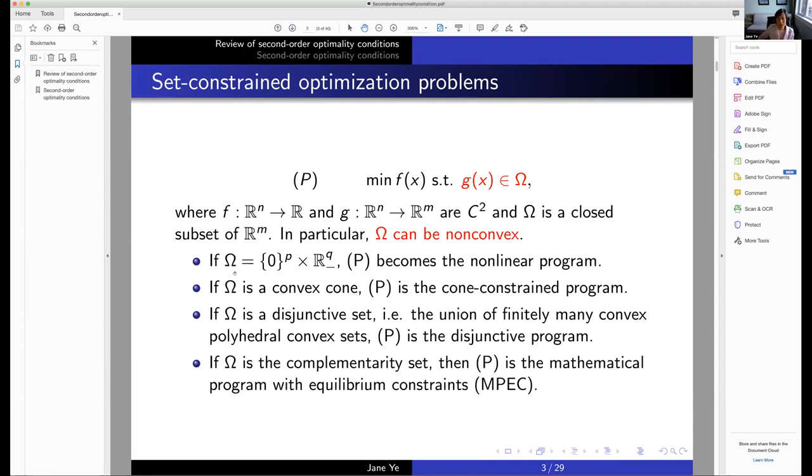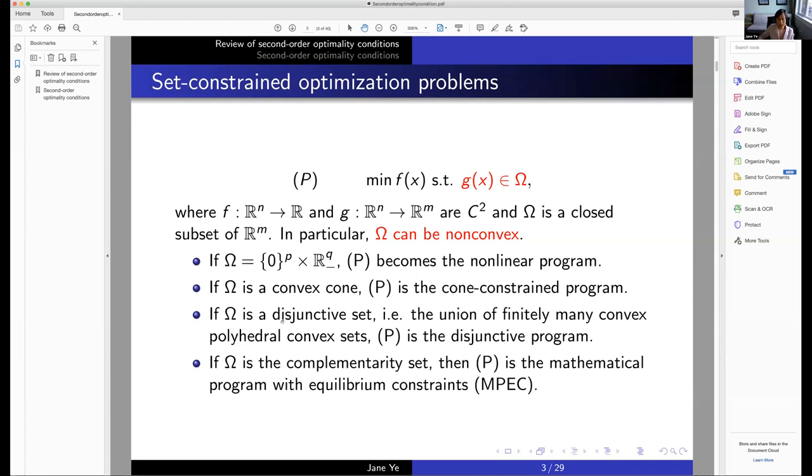If omega is this set, then this reduces to standard nonlinear programming. If omega is a convex cone, then this is a cone constraint, like second order cone programming or semi-definite cone programming.